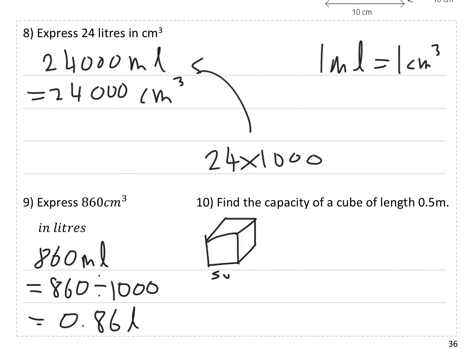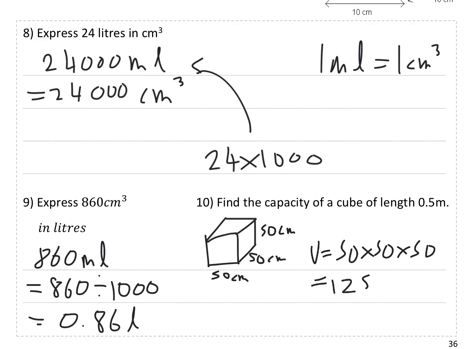So 0.5 metres would be 50 centimetres by 50 centimetres by 50 centimetres. So the volume of that will be 50 by 50 by 50. 5 times 5 times 5 is 125, and then add on your zeros. And that means the volume of the cube is 125,000 centimetres cubed.